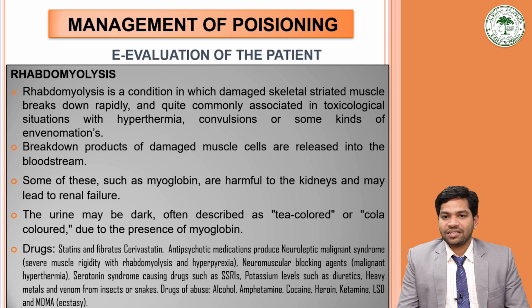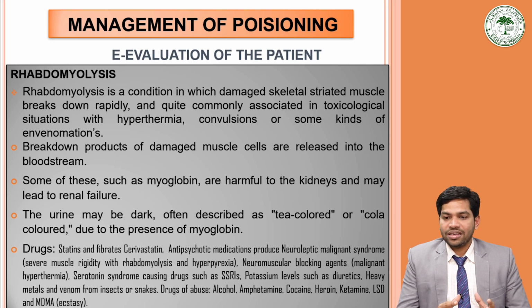Neuromuscular blocking agents used in anesthesia may result in malignant hyperthermia, also associated with rhabdomyolysis. Drugs that cause serotonin syndrome, such as SSRIs, and drugs that interfere with potassium levels, such as diuretics, can contribute.